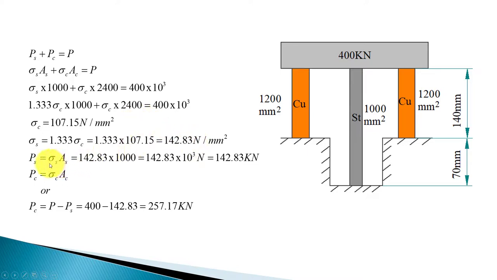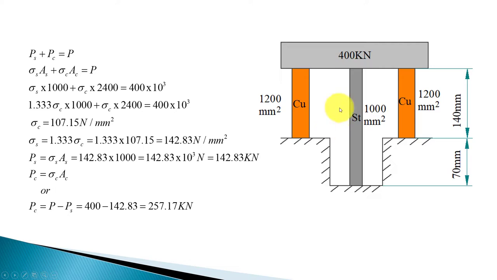Now you can find out the load taken by steel. For load taken by steel, you can use the equation sigma S AS. Stress into corresponding area will give the load taken by that material. The stress induced in steel is 142.83, and the area of steel is 1000 mm square, which gives 142.83 into 10 raised to 3 Newton, or 142.83 kilonewton.